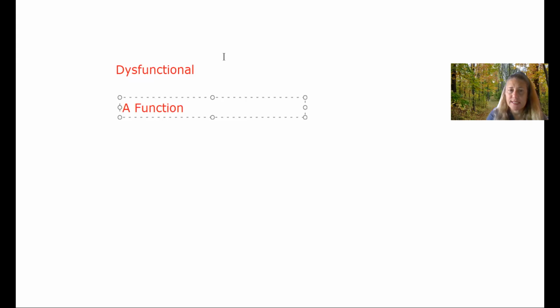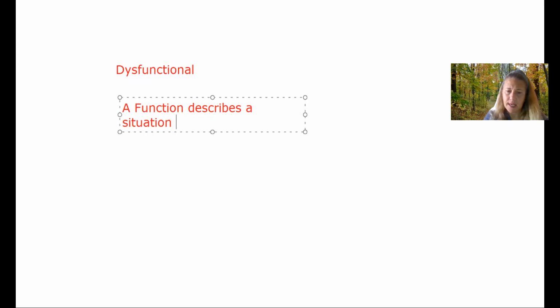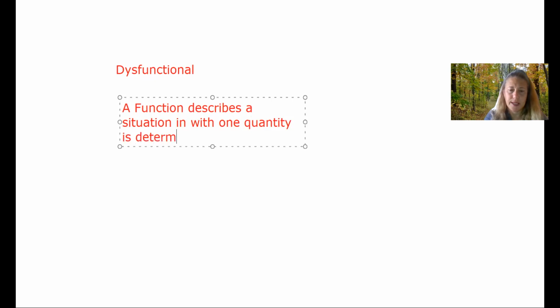I'm also going to say this about a function. A function describes a situation in which one quantity is determined by another. So a function is a job.